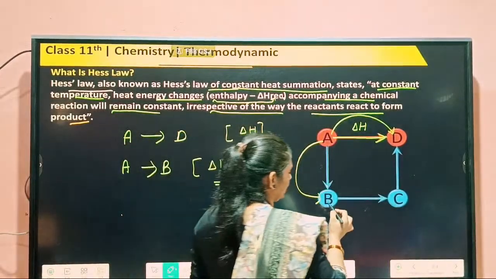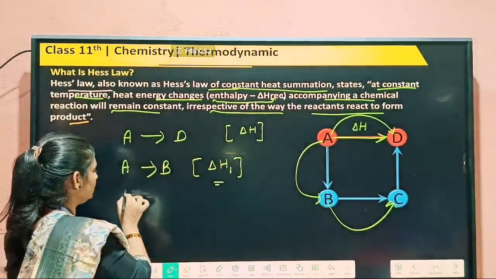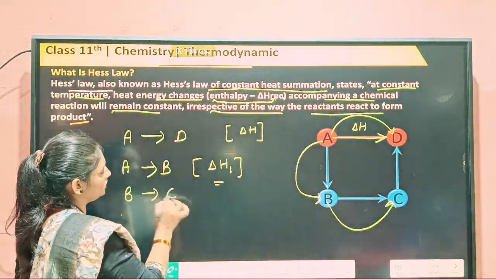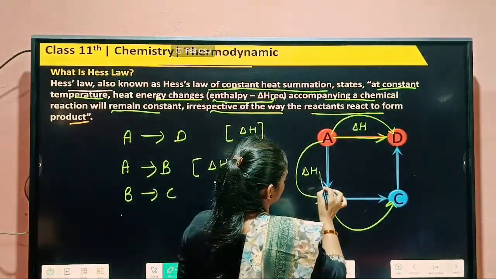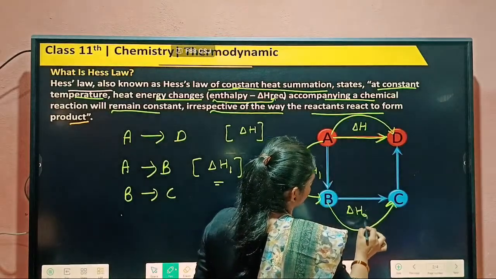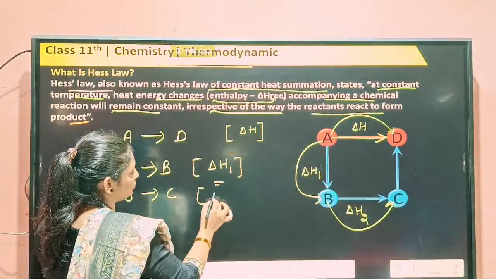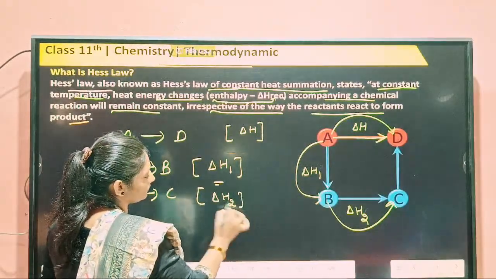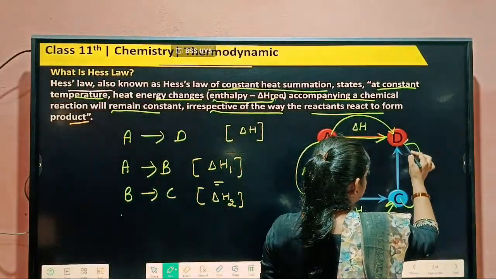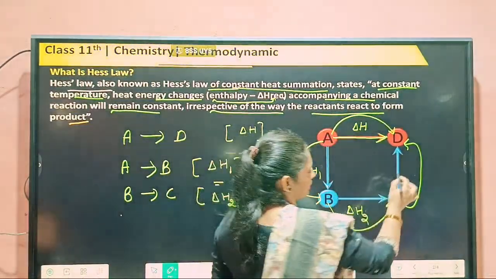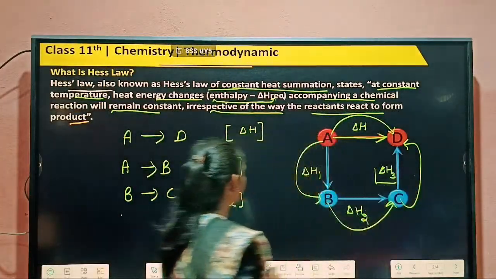Then after B, it is going to C. For this, let us consider the change in enthalpy delta H2. Then it will give us D, and for this the enthalpy change is delta H3.